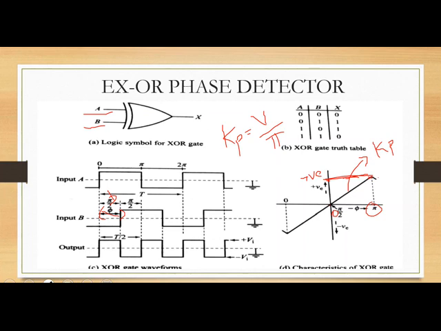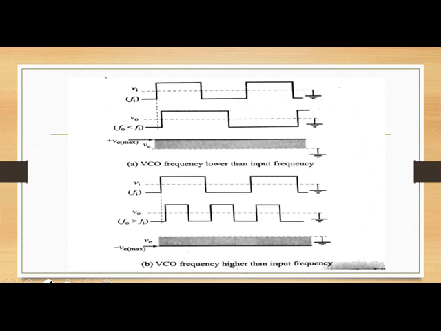Now, you can have a look over here wherein this is the input voltage and this is the voltage of your VCO. So F0 is less than Fi. That means the VCO frequency is less than the input signal frequency. In that case, the output voltage of the phase detector is positive.